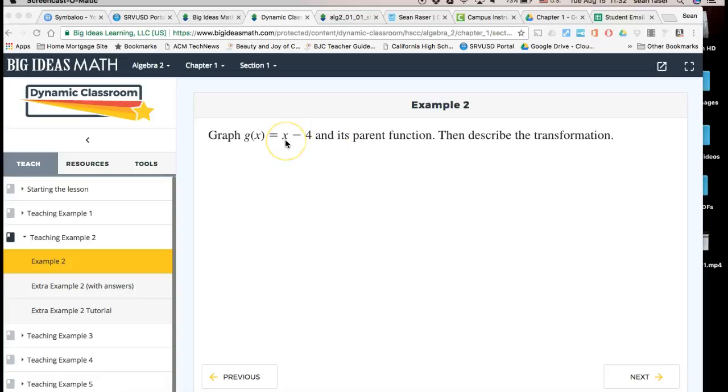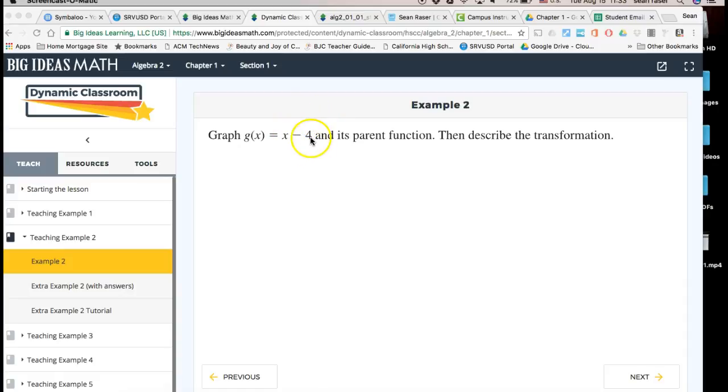Now in this case, we look at some certain values here that tell us some information. Remember, if we look at our format of mx plus b, we know that the slope here is 1, and that's a positive slope, which means our graph is going to be going up to the right. And you see that the y-intercept is -4.